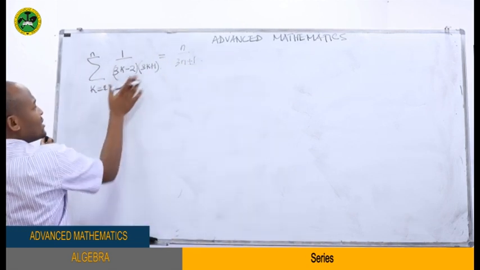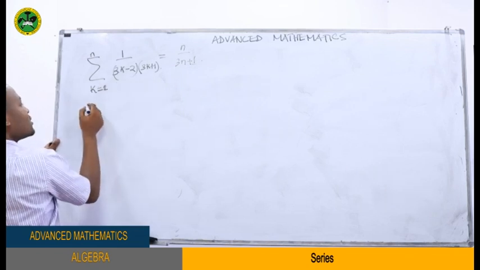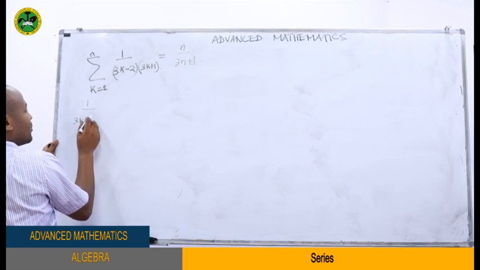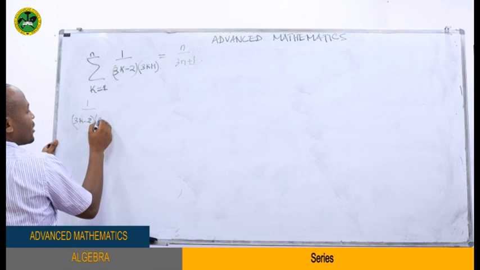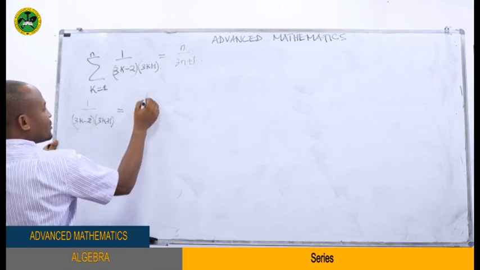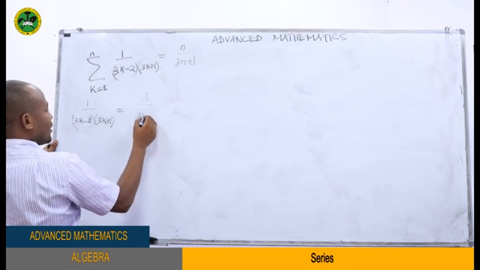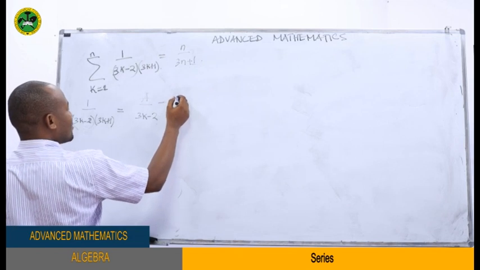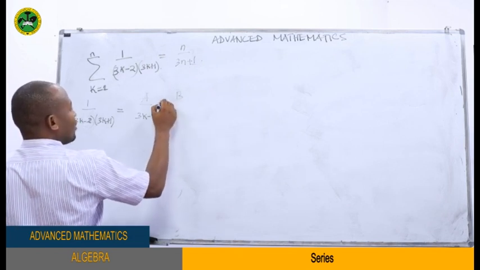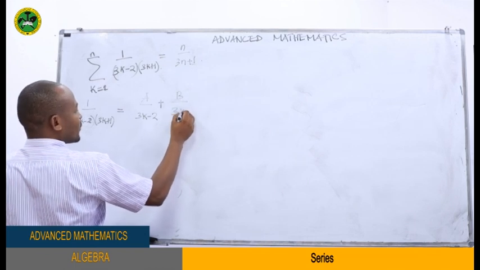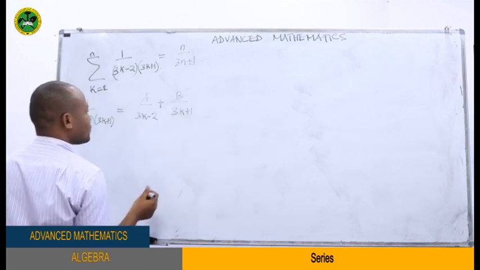First of all, partialize this part. So we have 1 over (3k minus 2)(3k plus 1), and the rules say we have to write there A over 3k minus 2. I do hope you remember the previous lesson about partialization. Plus B over 3k plus 1.